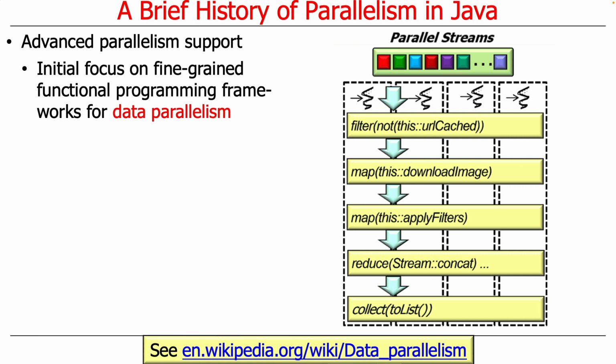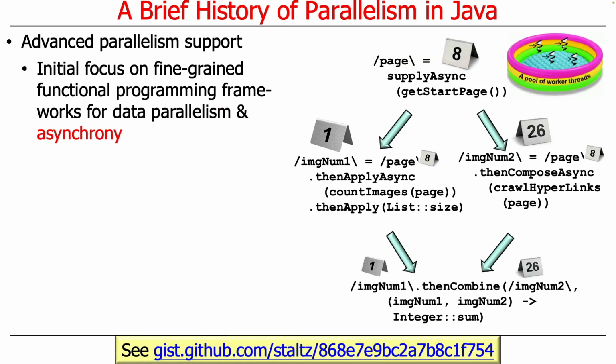And one model, the streams model, and parallel streams in particular, supported data parallelism, where you take the data in some input, like a list or an array or whatnot, and you split it up into very small chunks, and then you process those chunks through a pipeline of so-called intermediate operations, which either transform or filter the data, and then you have what's called a terminal operation that triggers the whole thing and collects the results or does something with the results to get a final reduced result.